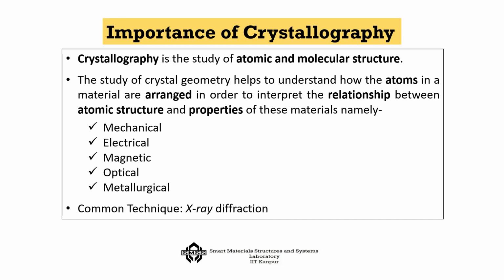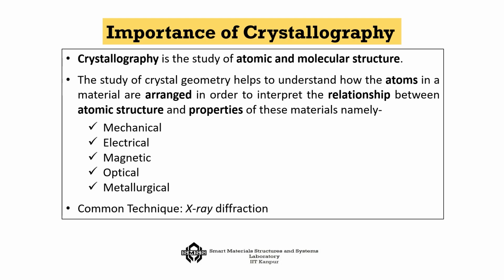Now, if we think of this topic from the metallic systems point of view, it is enormously connected with a classical field of physics called crystallography. Crystallography essentially studies atomic and molecular structures. The study of crystal geometry helps us understand how the atoms in a material are arranged: first of all, whether there is any orderliness in it at all, and if there is, in what pattern.